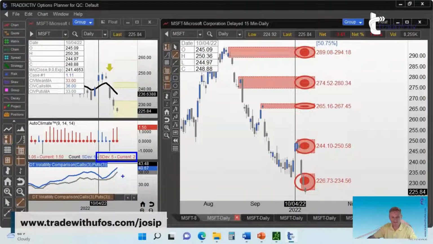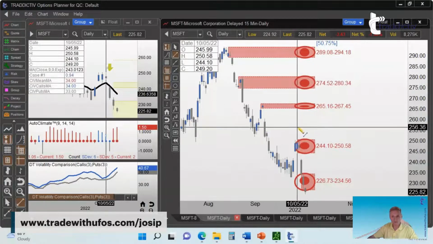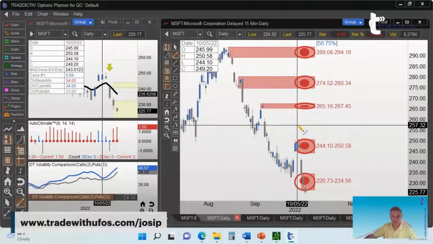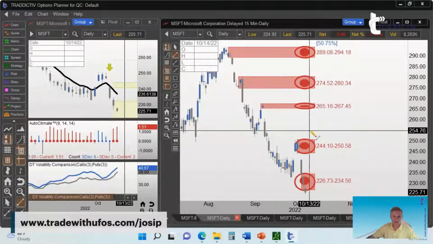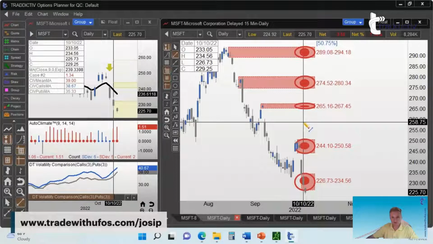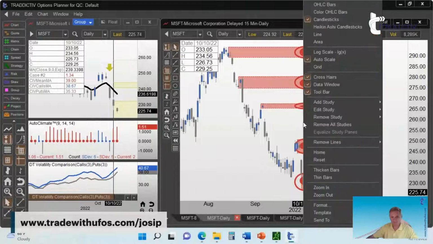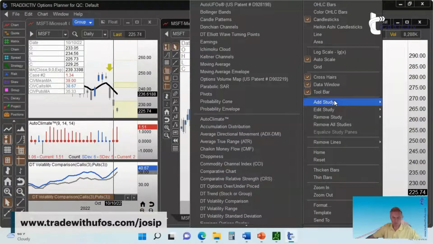Now, I don't want to hit this blindly. I want to actually use the option value map, which is a proprietary tool. The way you can insert that on this chart is simply to right click, and then when you go over where it says add study, you will notice that there are two proprietary tools.